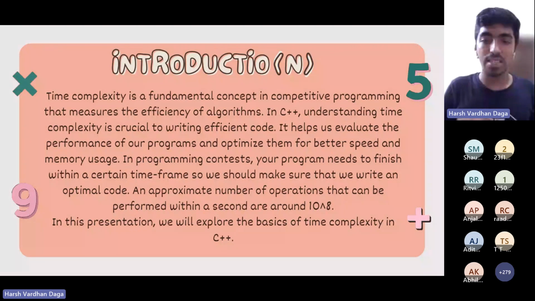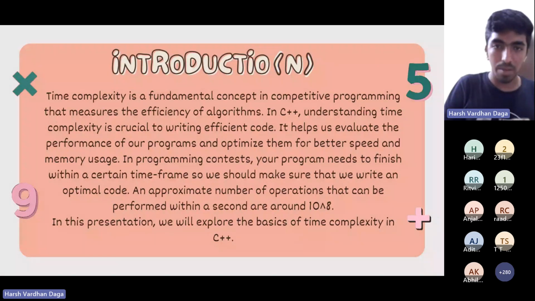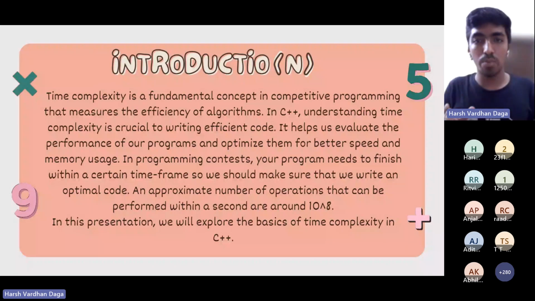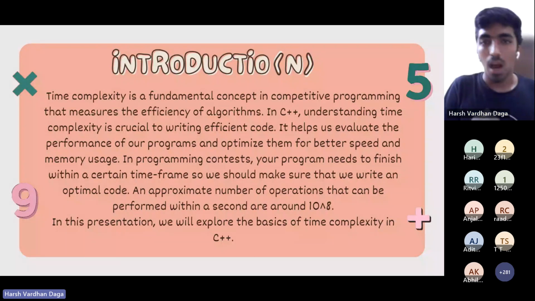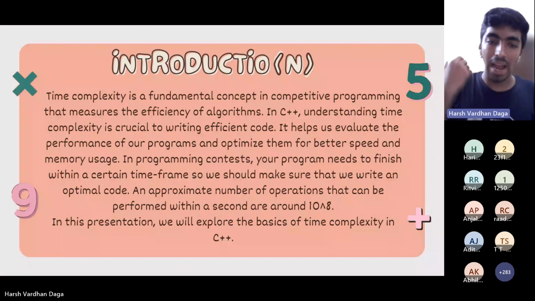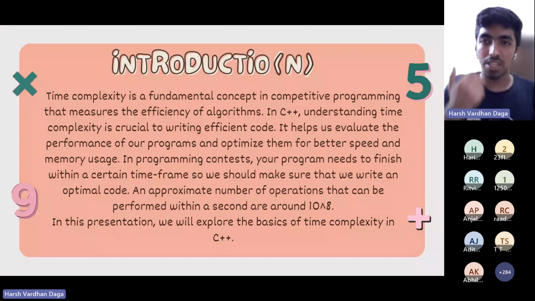In programming contests, and while you solve any problem, your code needs to finish within a certain time limit that is provided by the question setter. So you should make sure that your code runs in that particular time. How will you know that your code will finish before this time? The idea of this measurement of time is given by time complexity.